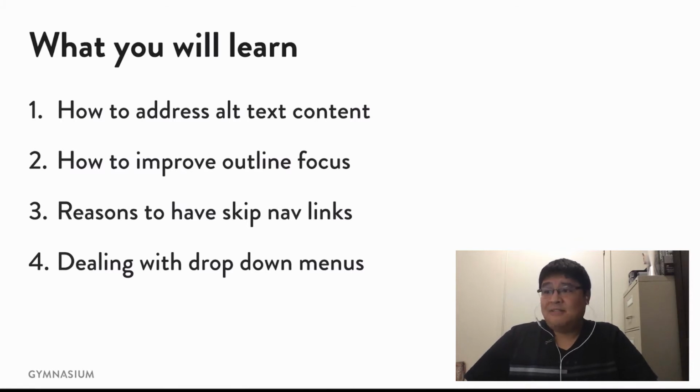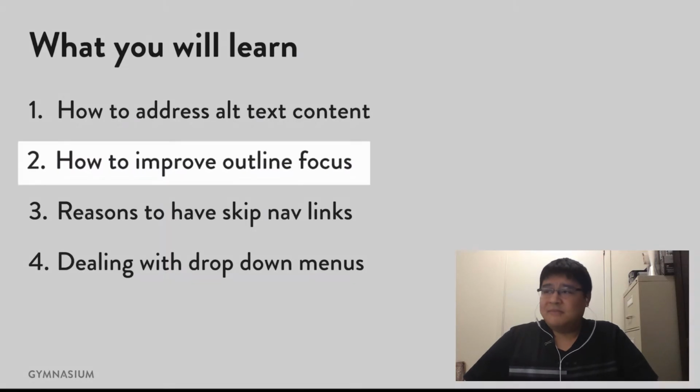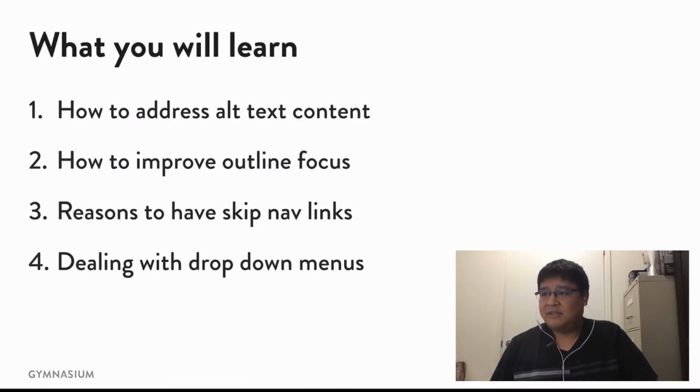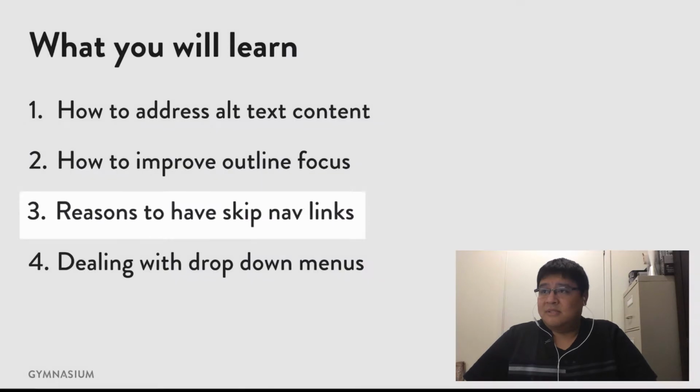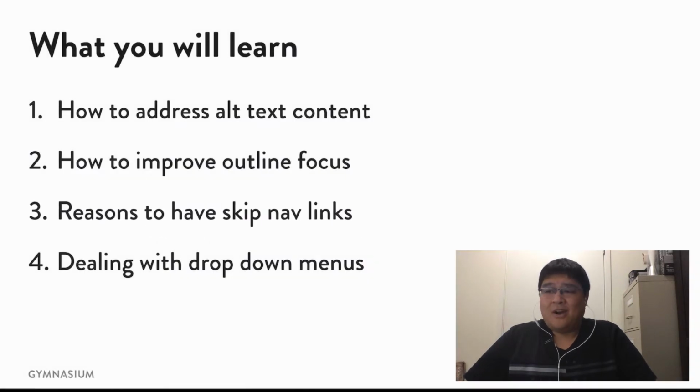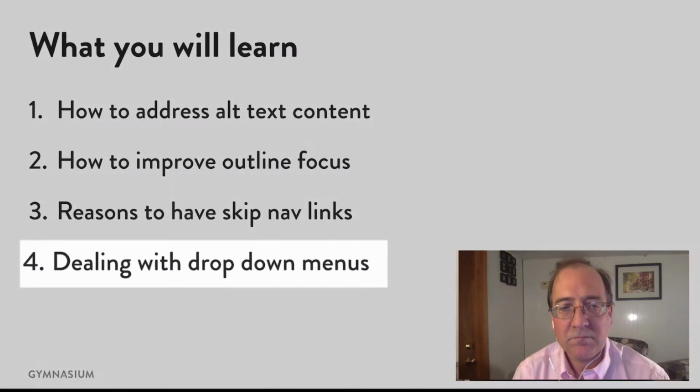Second is the default styling of the outline focus. We'll see that more later on, how it looks by default and how to improve it. Third will be skip navigational links, and we'll go deeper into what they are and why they're necessary for a web page. And the last, but definitely not least, is dealing with drop-down menus, a very common element in many websites.